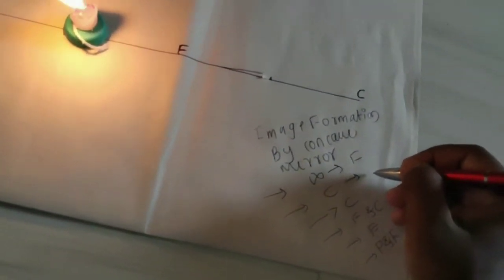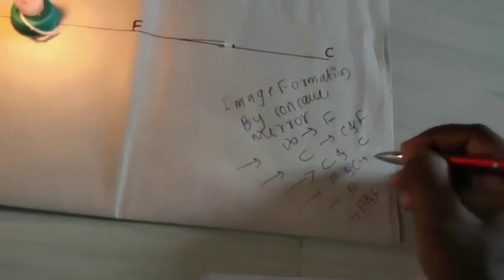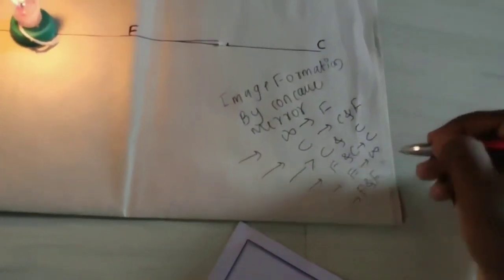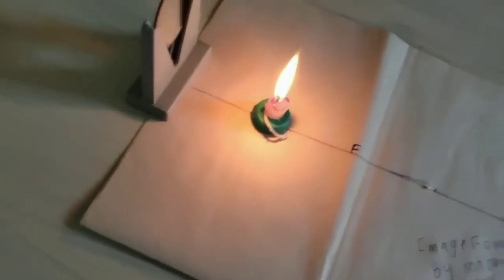Behind the center of curvature, image formation takes place in between C and F. When the object is on the center of curvature, the image is also formed at the center of curvature only. When placed in between F and C, the image is formed behind the center of curvature. On the principal focus, it is formed at infinity. Here, the virtual image is formed when we place the object between P and F.